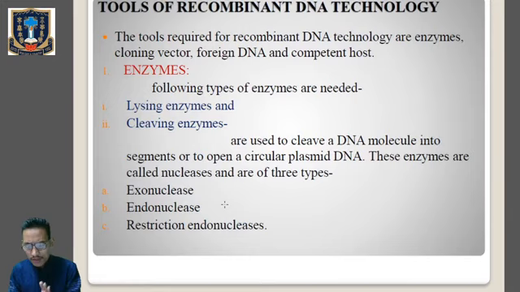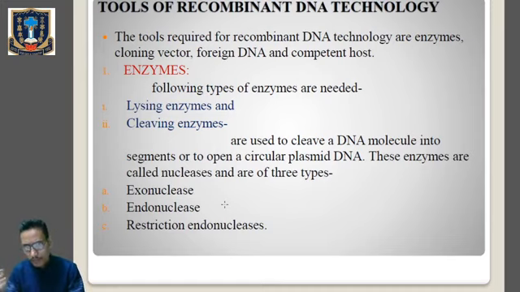Clear? So now we will discuss the tools which are being used for recombinant DNA technology. We have different types of tools which have been employed in the field of biotechnology, in the field of recombinant DNA technology, and those tools are mainly enzymes.